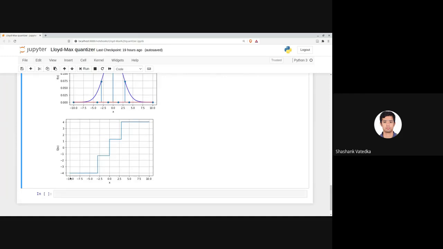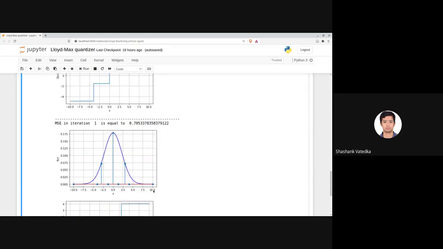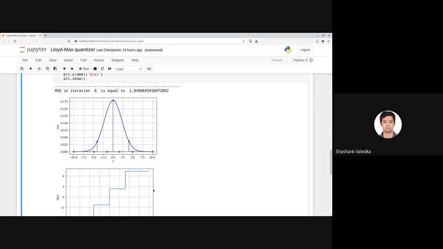If x lies in the range -10 to -2.7 or so, it's going to get mapped to -4. If x lies between -2.7 and 0, it gets mapped to -1.2. If it lies between 0 and 2.7, it gets mapped to 1.2. And if it lies between 2.7 and 10, it gets mapped to +4. So this is after two iterations.